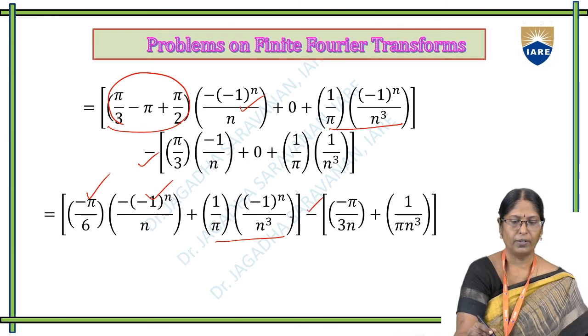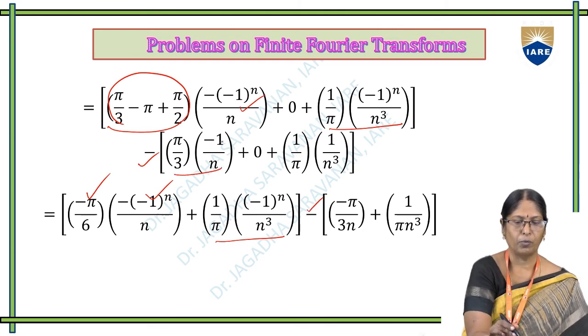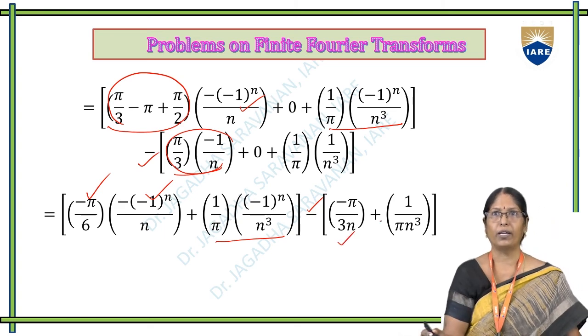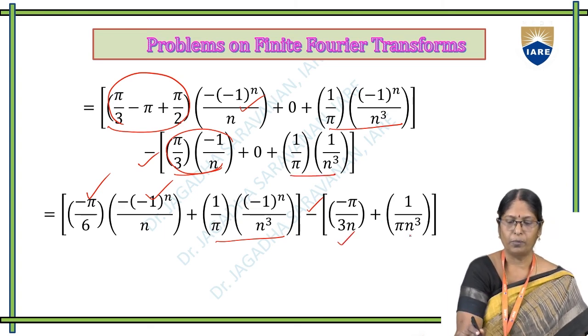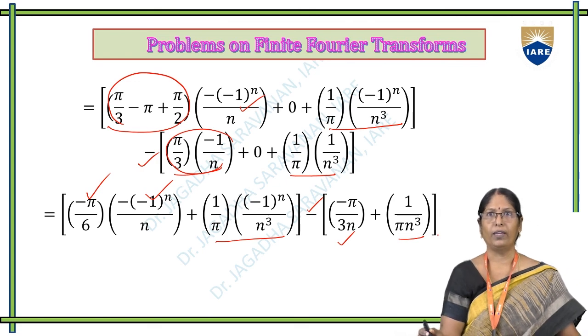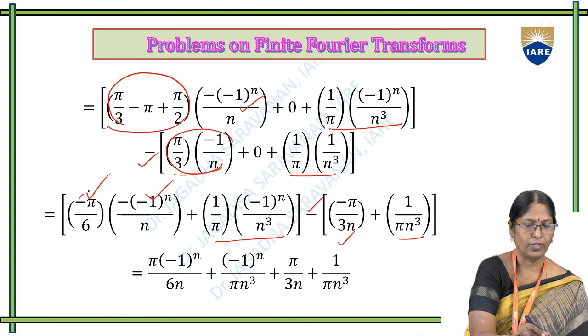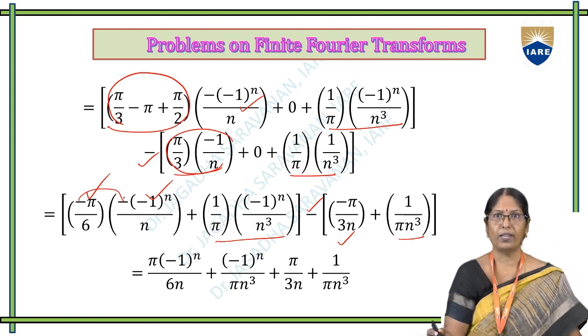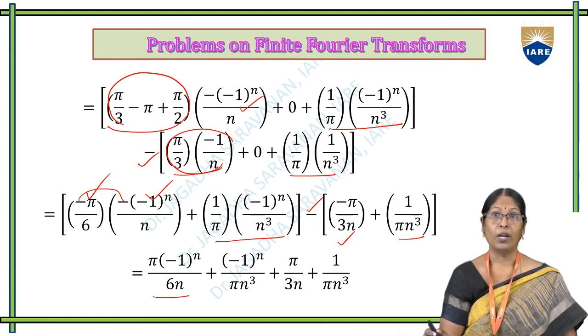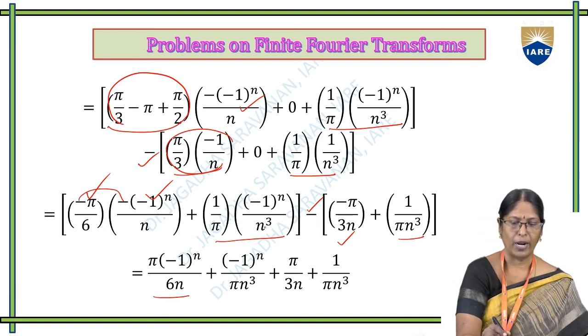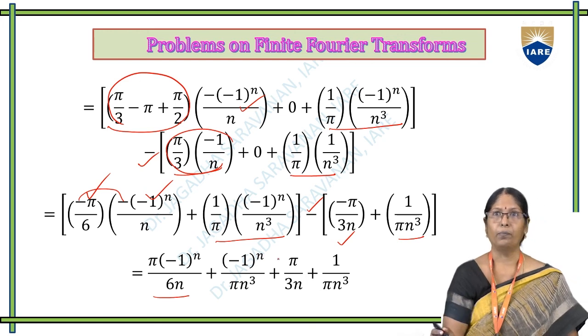Minus is written here. This is minus into minus. Put together, this term has become minus pi by 3n. This term has become 1 by pi n cube. Now we can see this minus minus has become plus. So the first one is pi of minus 1 power n by 6n plus minus 1 power n by pi n cube.